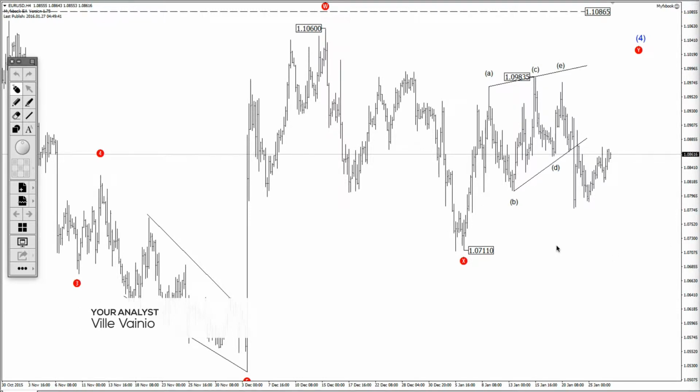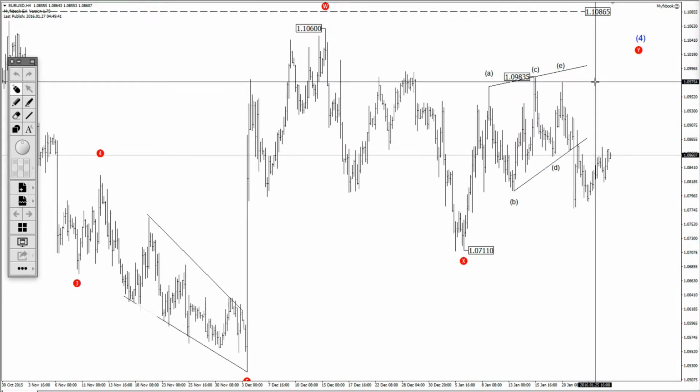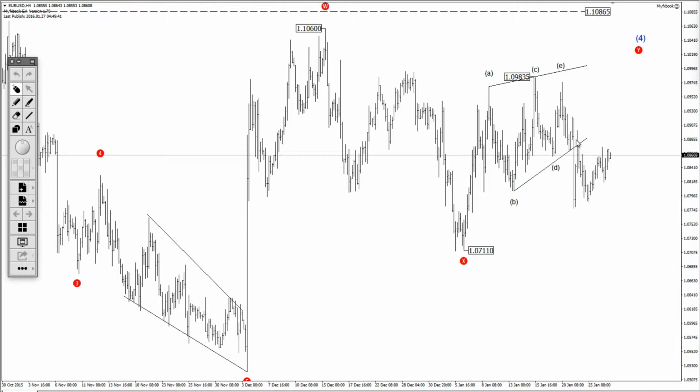And let's go ahead and see EURUSD for our chart. The price action in EURUSD is not giving any clear signals. The decline from the previous high, which ended the triangle in my labeling at 109.75, and the decline from that is not looking very impulsive.